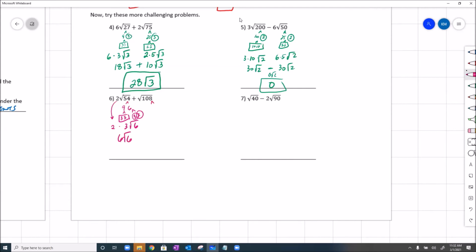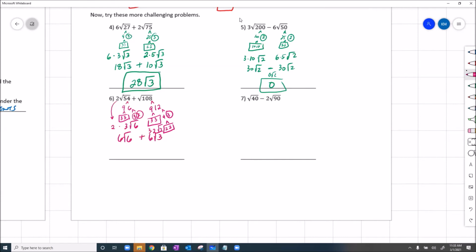Okay, radical 108, that gives me 9 times, what is that, 12? Yeah. All right, 3 and 3, so I have a pair of 3s here. 4 times 3, 2 and 2, pair of 2s. So pair of 3s, 3 on the outside, pair of 2s, 2 on the outside, and then 3 without a pair. So this becomes 6 radical 3.